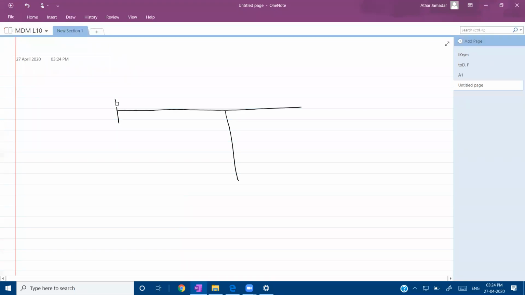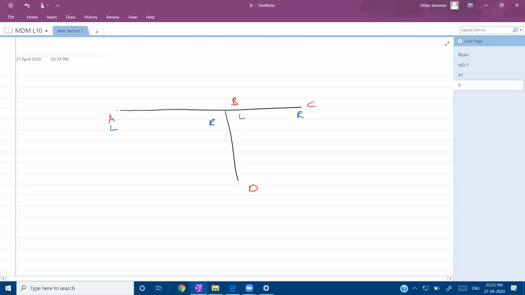So here I will write down first of all which is the left support and which is the right support for each and every member. For members A, B, C and D: for member AB, A will be left support, B will be right support. For member BC, B will be left support, C will be right support.